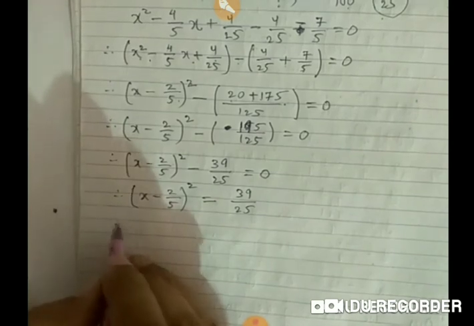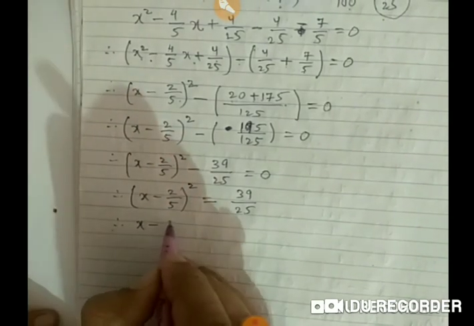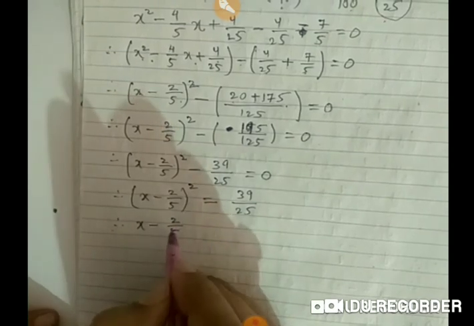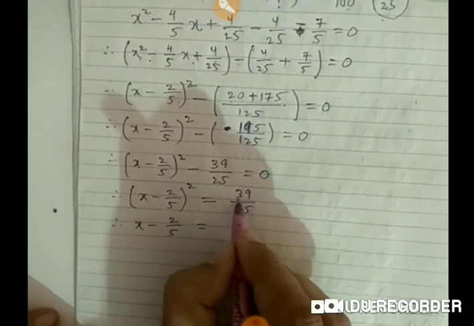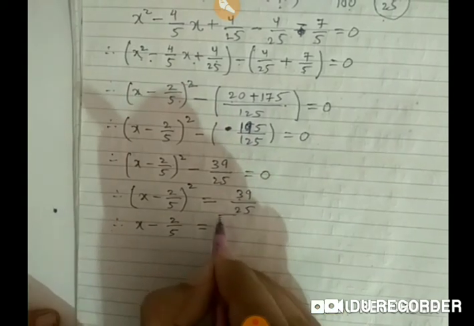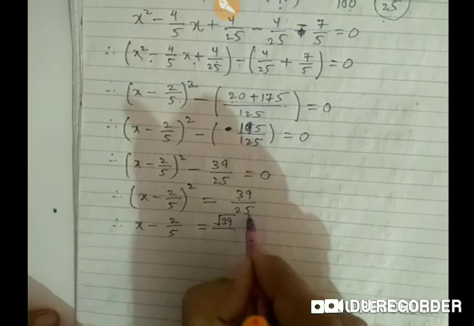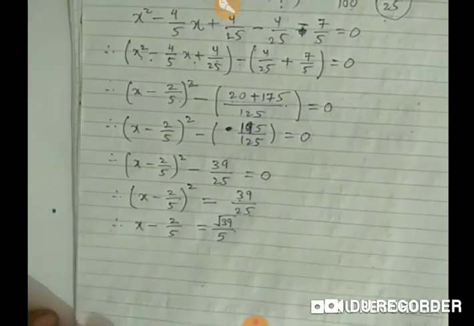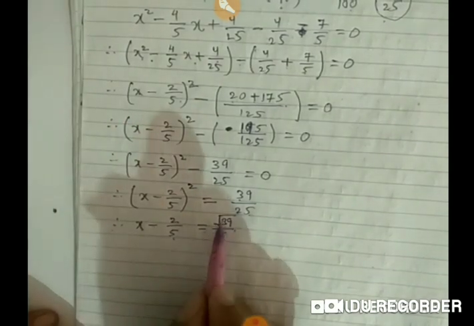So in that case you can write it as x minus 2 by 5 is equals to, since 39 is not a perfect square, so you will write it as root 39 upon, this is 25 and square root of 25 is 5. So x minus 2 by 5 equals to root 39 upon 5.